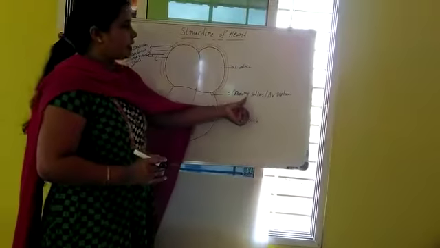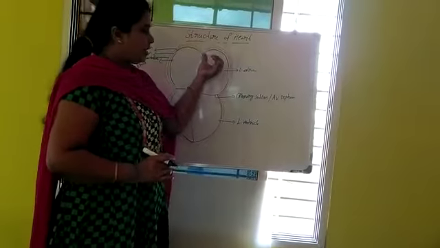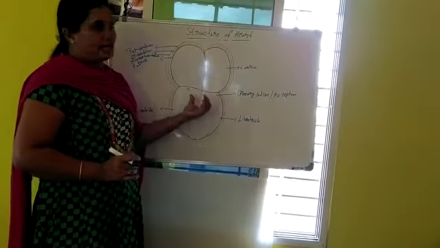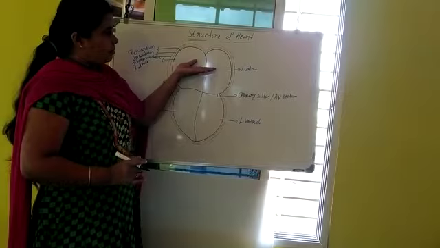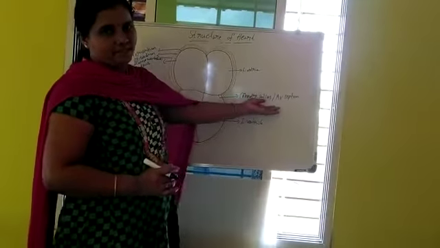This membrane we can call the coronary sulcus, or AV septum also. AV septum means atrial ventricular septum. The membrane divides the atria from the ventricles, so that's why we call it the AV septum.